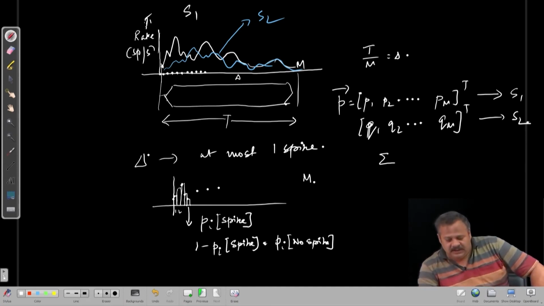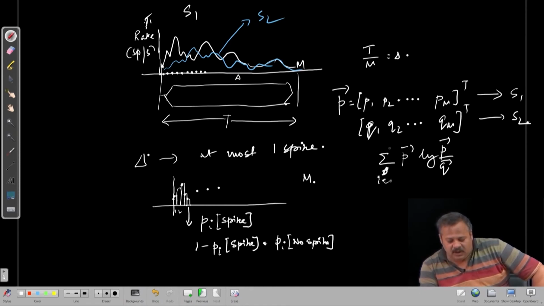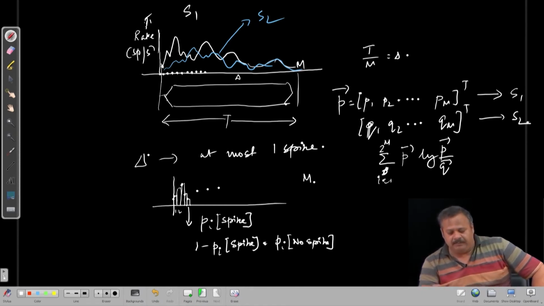It is basically going to be all the possible 0 1 combinations that are there. That is essentially the 2 to the power m possible values that the vector p can take, so this is summing p log p by q over i equals 1 to 2 to the power m.